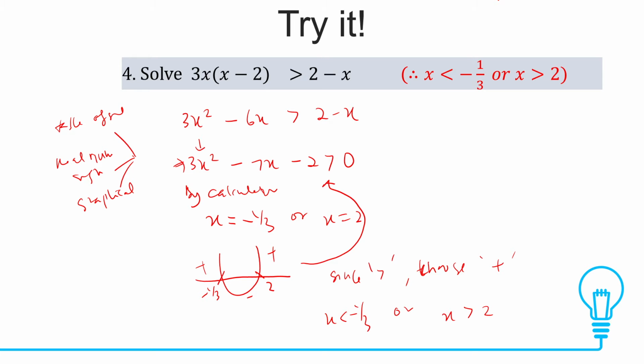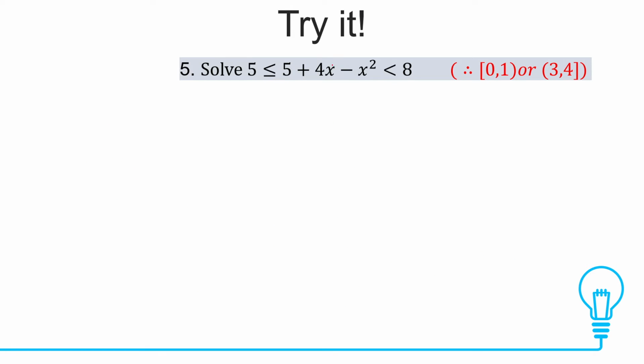And over here we have this question, and this one is very easy. Clearly we can identify the highest power is x squared. When the highest power is x squared, it is a quadratic, so we cannot do the simple algebraic manipulation.